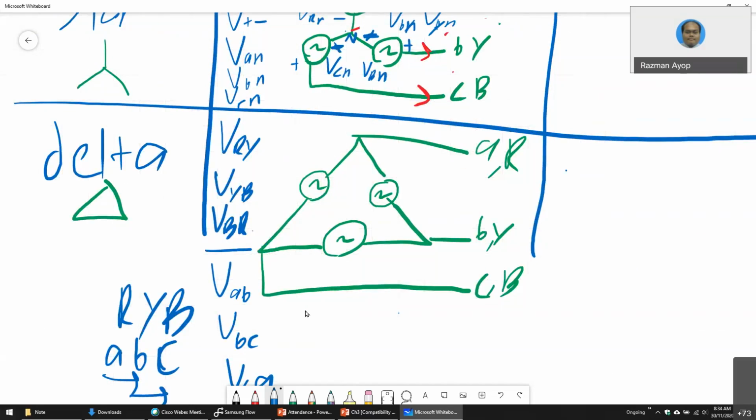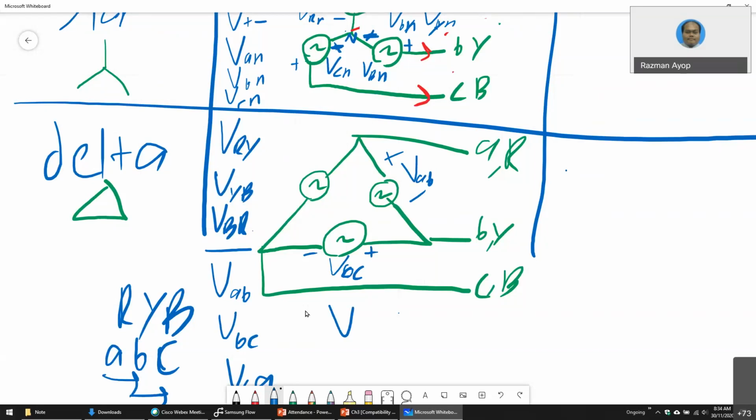Now how to label this inside? So this one is AB. So VAB, positive, negative. For this one it is BC. Positive sequence is always increasing. So VBC, positive, negative.